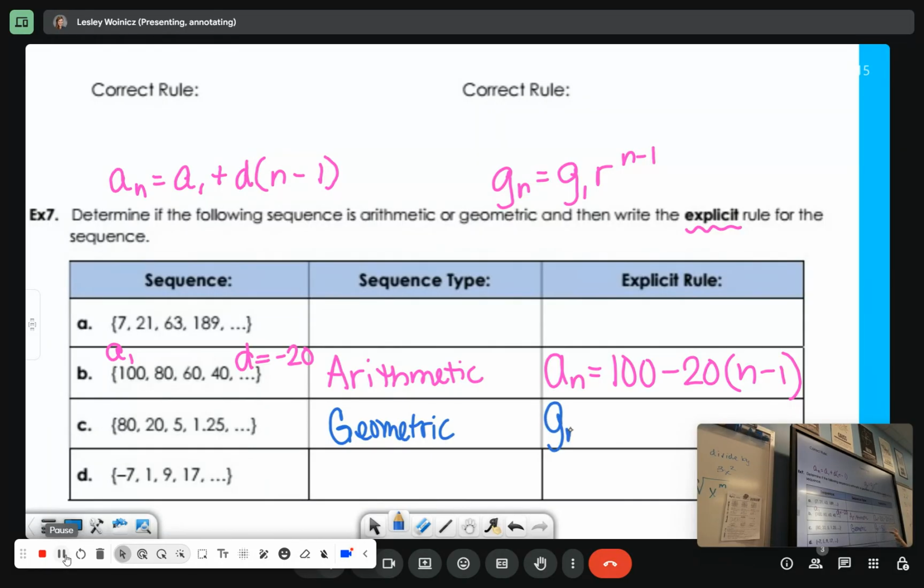Okay, and then I'm going to put my R multiplied with the 80, and the R is getting raised to the n minus 1 power. What's my R? Okay, if I'm dividing by 4, how can I change that to multiplication? Correct. So my R will be 1 over 4. Remember, my common ratio is defined as what I multiply by, not what I can divide by.